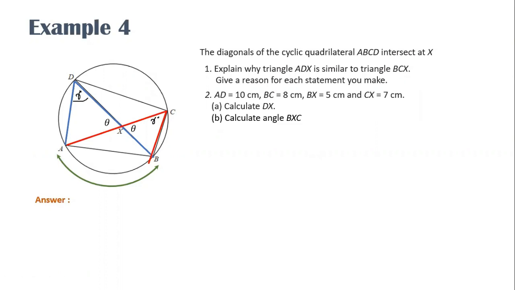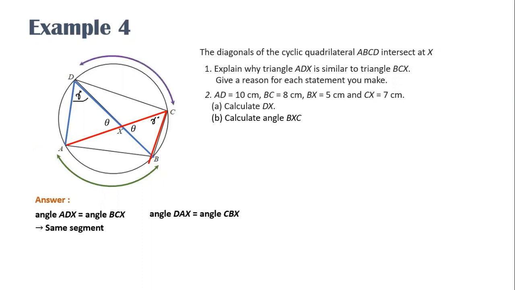They have the same arc, AB. So angle ADB and angle ACB are angles at circumference with the same arc AB. Angle ADX equals angle BCX means same segment or same arc. And angle DAX equals angle CBX means this one. Right?